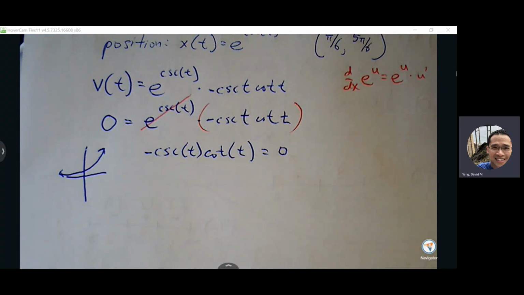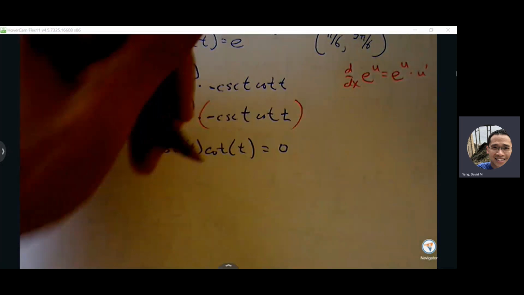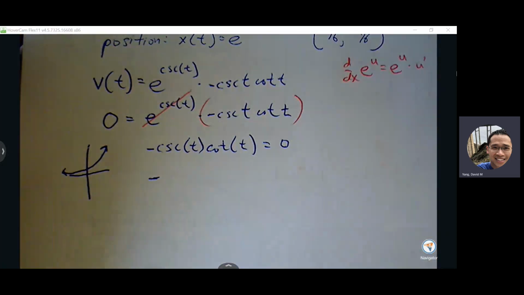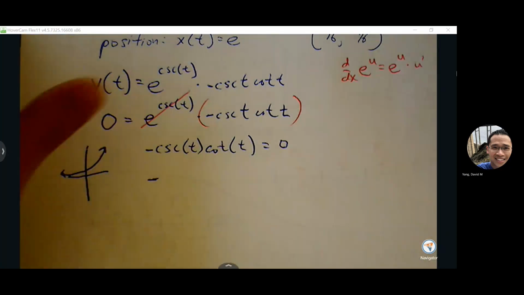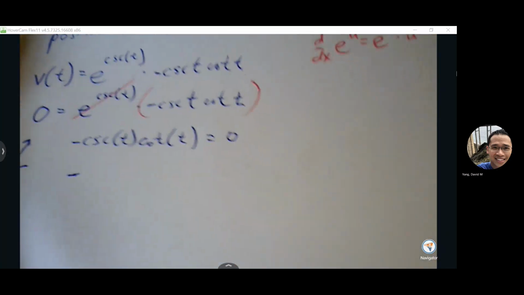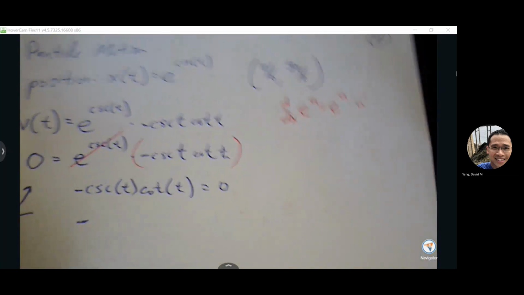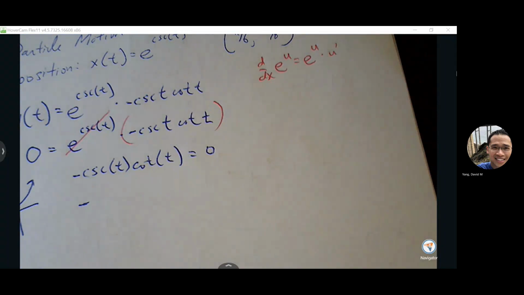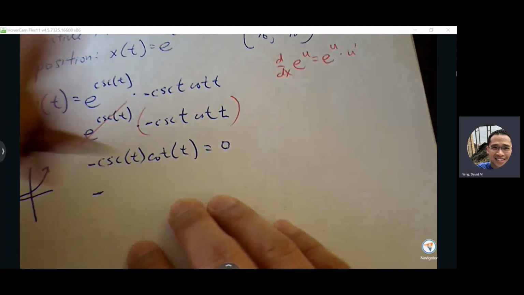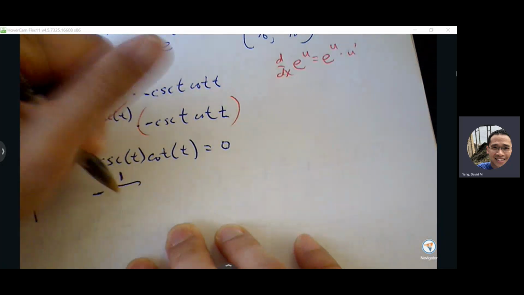Now, I have an easier time thinking in terms of sine and cosine instead of cosecant, cotangent. So I'm going to rewrite this in terms of sine and cosine here. Cosecant is 1 over sine.